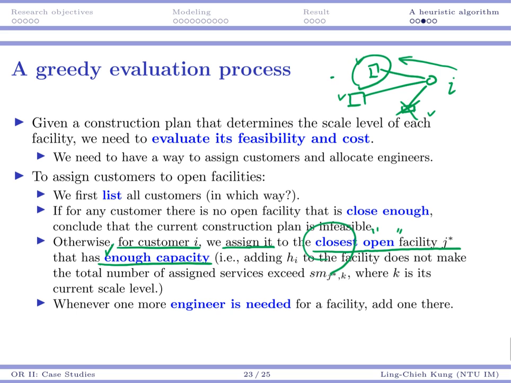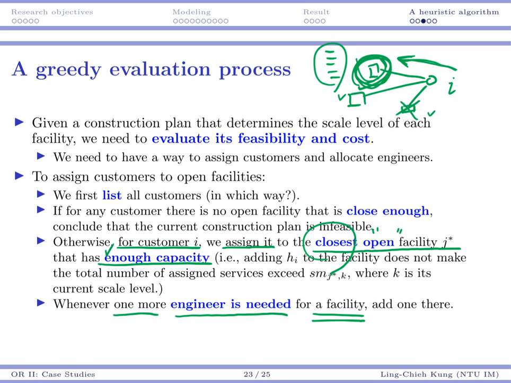First, if there are already some engineers there, then assigning one customer there, adding one customer, may not be an issue. If that's the case, do it. If we see that one more engineer is needed for that facility, and if the facility still has space to do that, then let's do it.